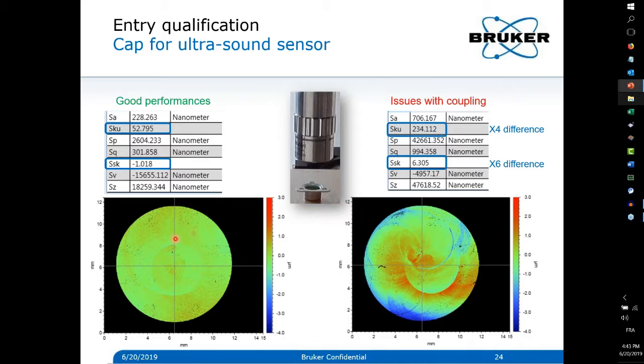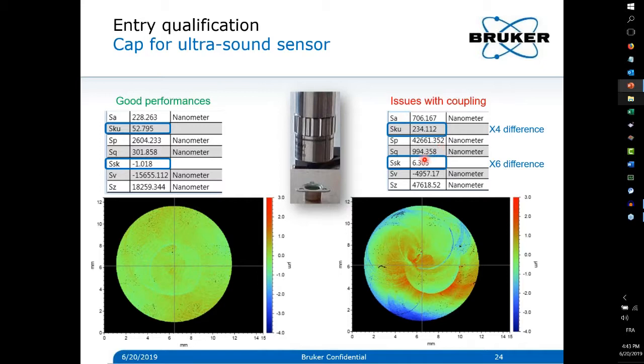Whenever you have a flat surface and any defects or burrs, the kurtosis will spot that while the Sa won't. The skewness again will show how flat the surface is, and getting something as close to 0 is perfect. If there's any skew like here, it will be shown. But again, if you have something flat with some spikes, you may not see this in skewness.